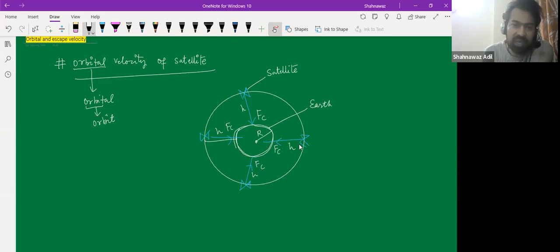And what is providing that centripetal force? What is the thing which is attracting the satellite towards its center?